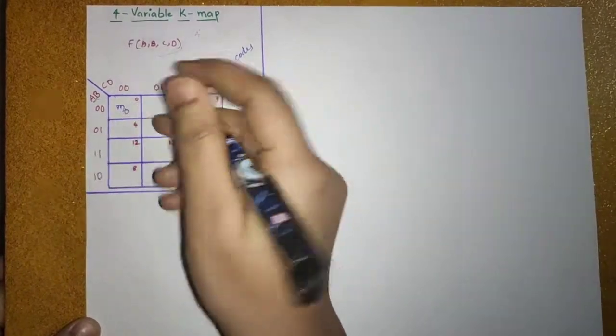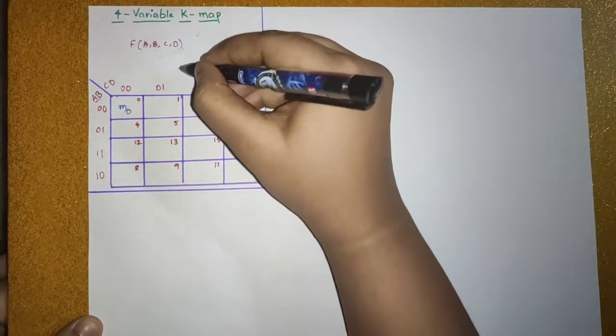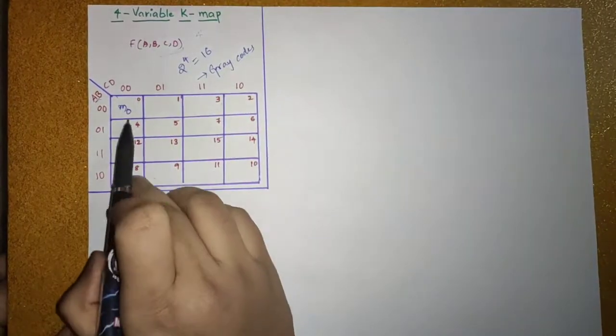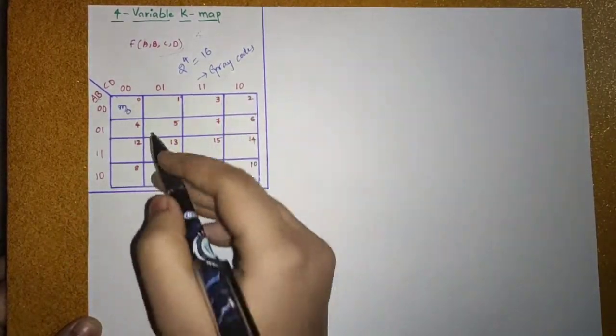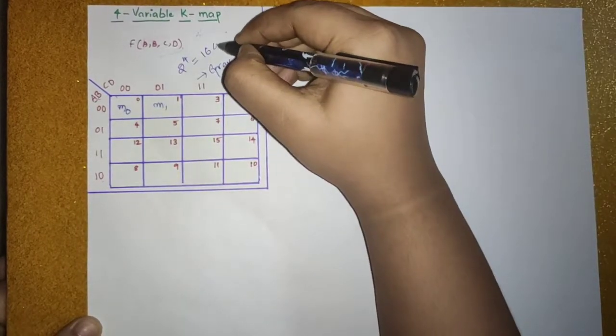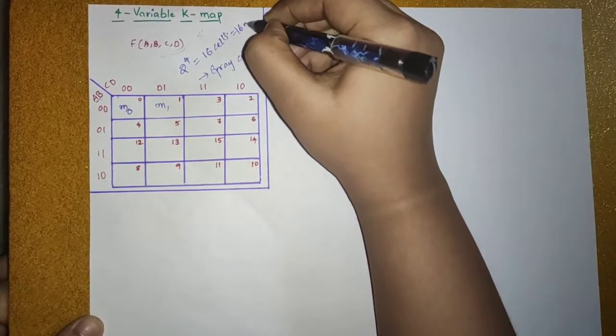In 4 variables we have 2 power 4 cells, which means 16 cells, 4 rows and 4 columns. Each cell represents its minterm, so 16 cells and 16 minterms are there.